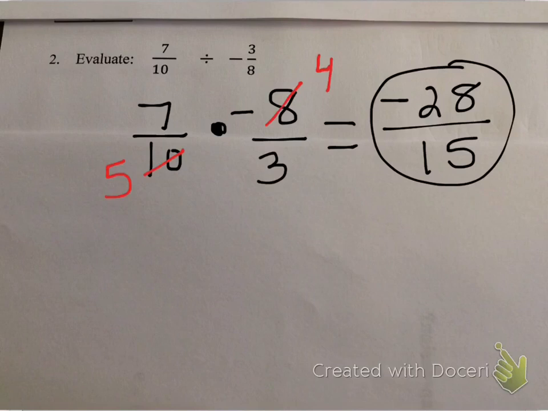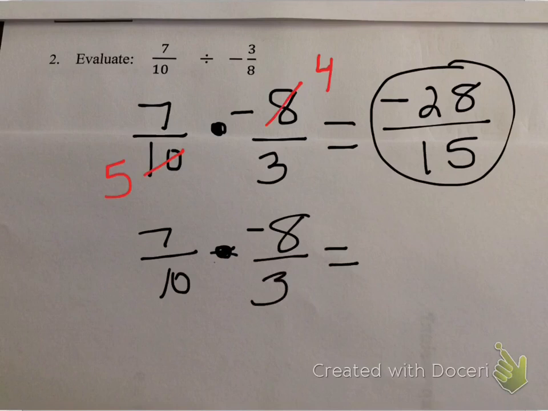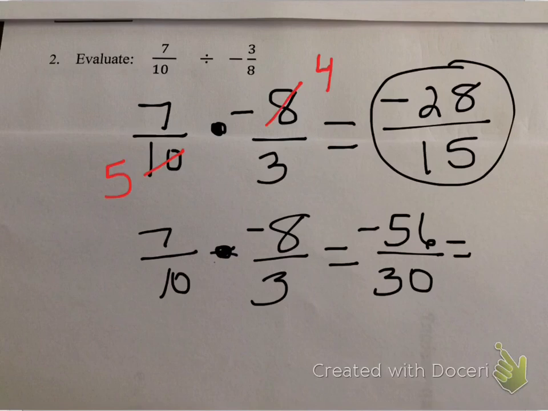You might have also left your 7 over 10 times negative 8 over 3, and if you didn't do any cross-canceling, you would have gotten negative 56 over 30, and that would have needed to be simplified, both divisible by 2. Okay, and you would have known that because they're both even, so that's where you would have gotten negative 28 over 15. I prefer the cross-canceling when I can.